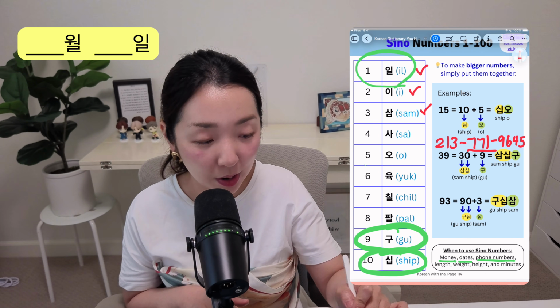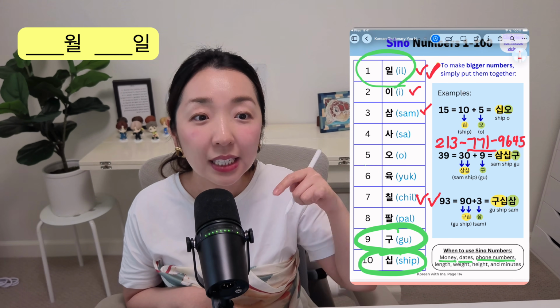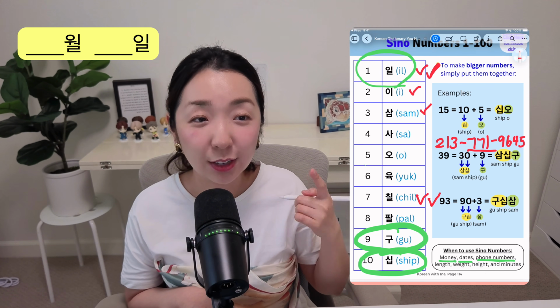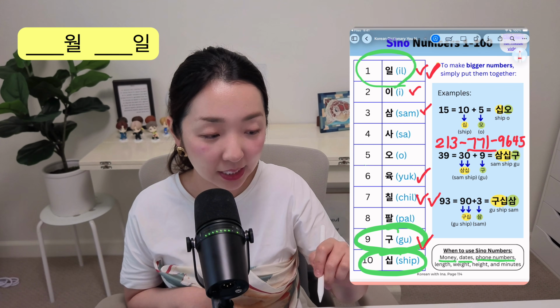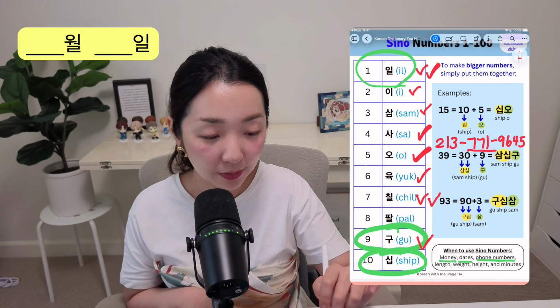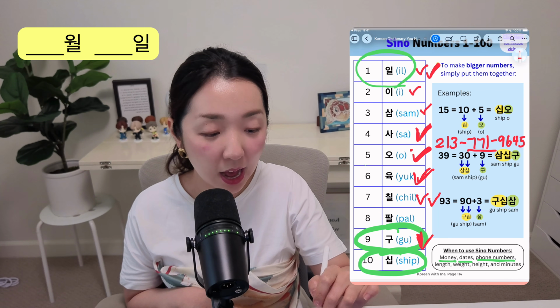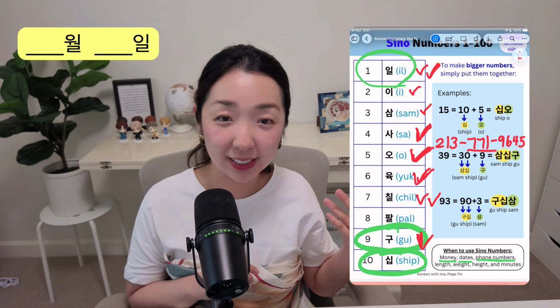And the next part, 771. 771에. And then 96, 9645. 9645예요. That means it is.